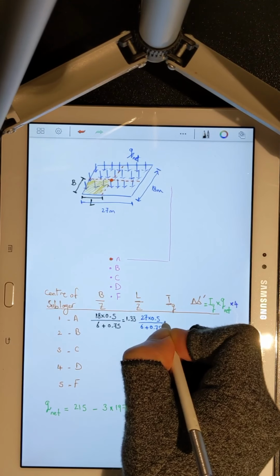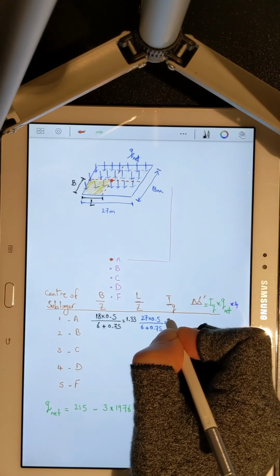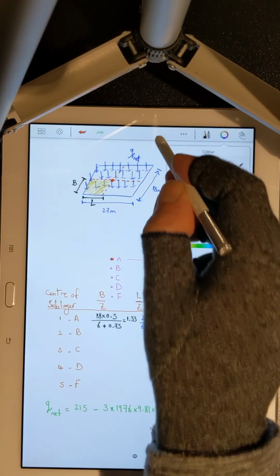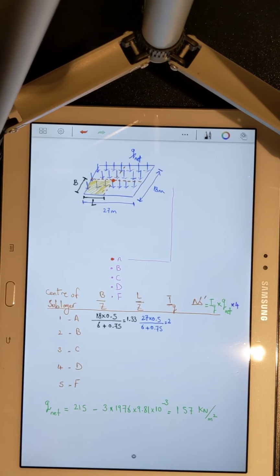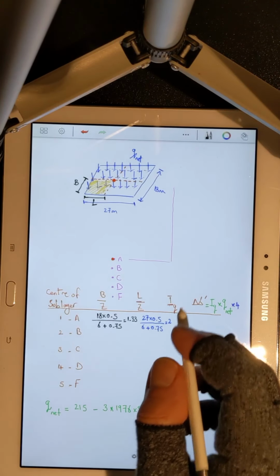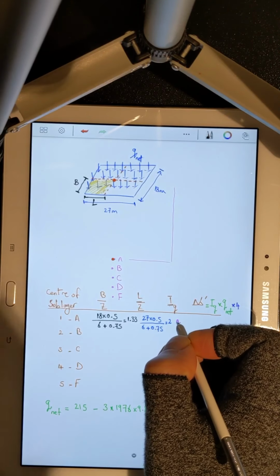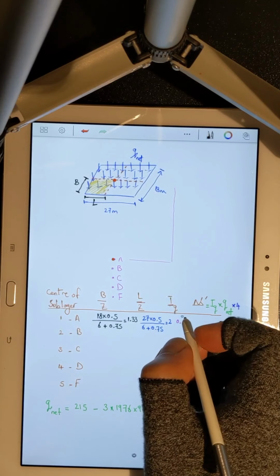Your L over Z is 2. Now, if you look into your charts, tables and diagrams, you will see that your I sub q is equal to 0.216.